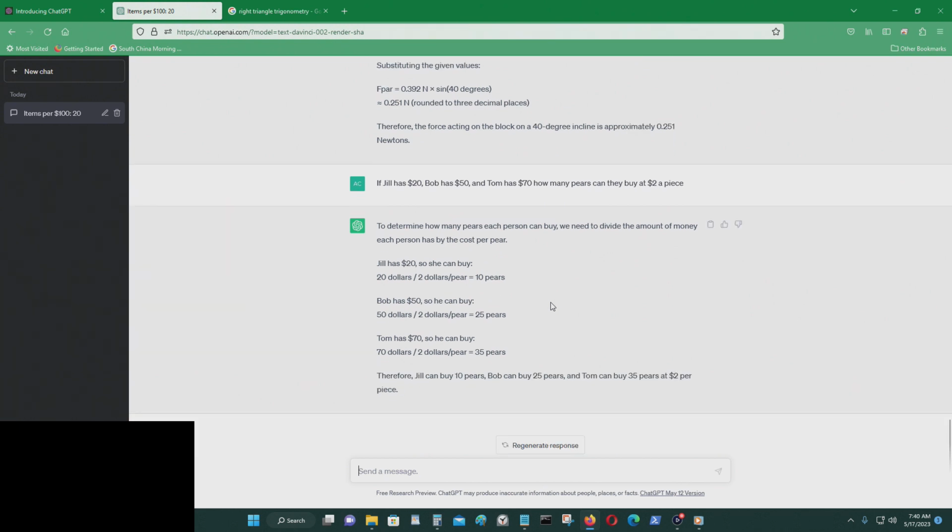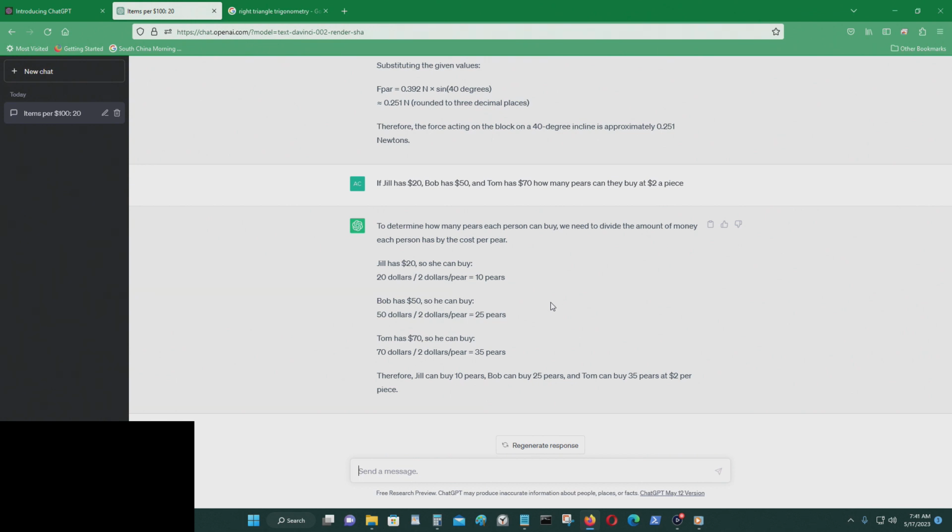Wow, I'm impressed. It actually could break down the problem and solve it individually, which is pretty good, which is amazing. Okay. Let's see. Is there anything else I can think of?